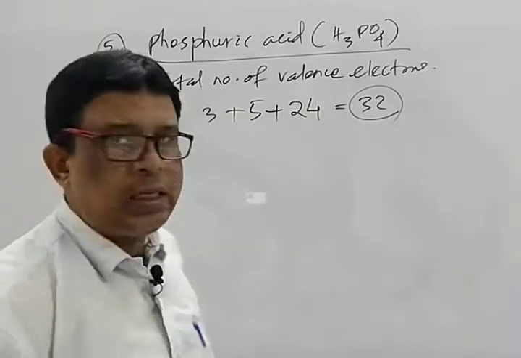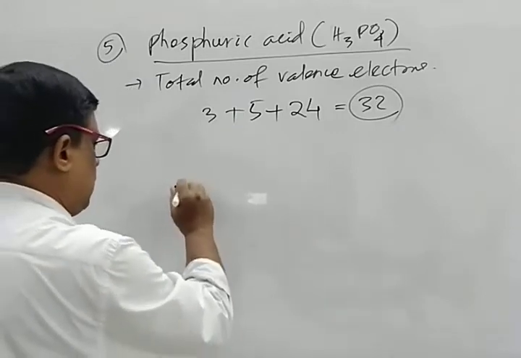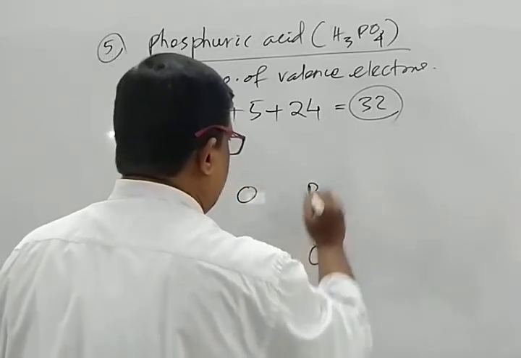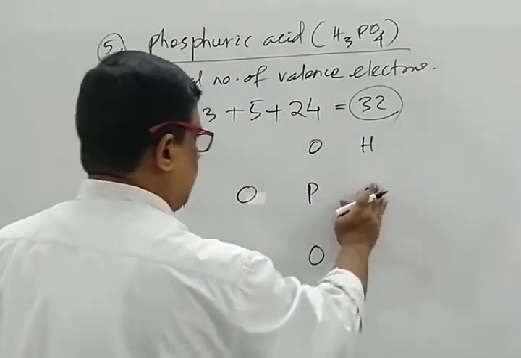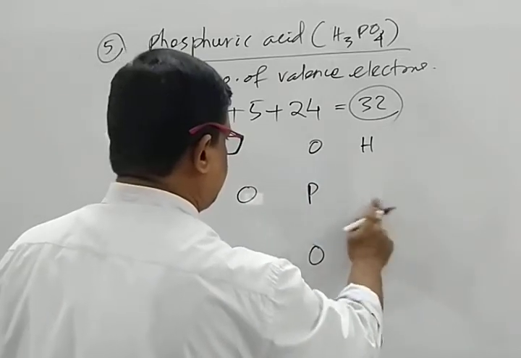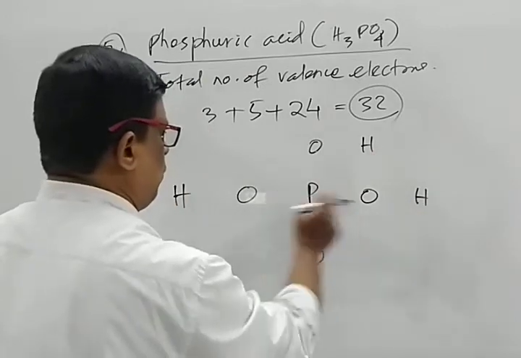So we have to go through a skeleton arrangement for phosphoric acid. H, O, P, O, OH, O. H3PO4. Mark that.